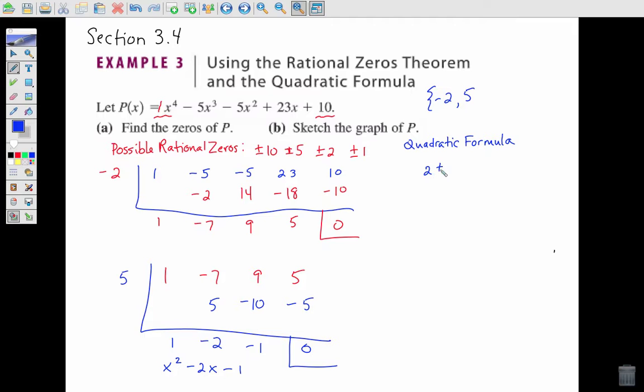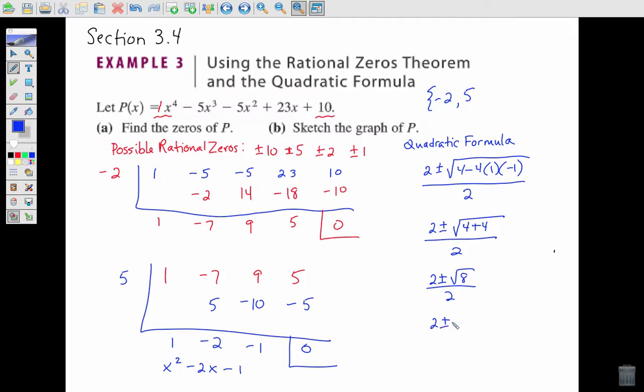So -b plus or minus the square root of b squared minus 4 times a times c, all over 2 times a. 2 plus or minus the square root of 4 plus 4, over 2. So you need to remember to simplify the radical. So radical 8 is the same as 2 radical 2. And because all three of these are divisible by 2, we can simplify, and we end up with 1 plus or minus the square root of 2.